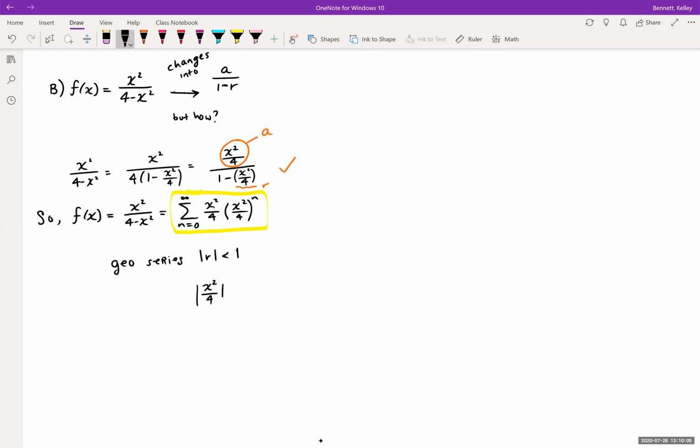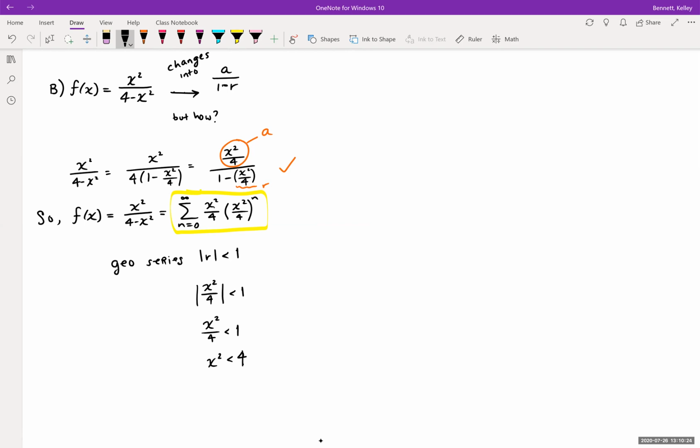The absolute value of this has to be less than 1. So I'm just going to multiply through by 4. By the way, this is already positive because it's squared. So then I get x squared has to be less than 4.